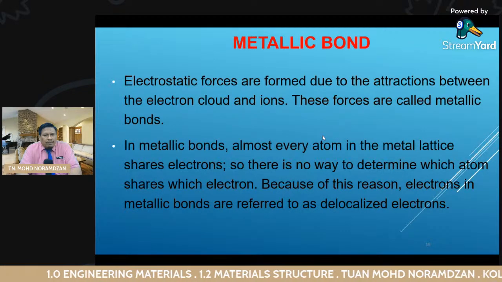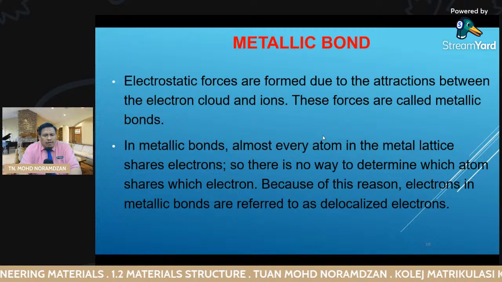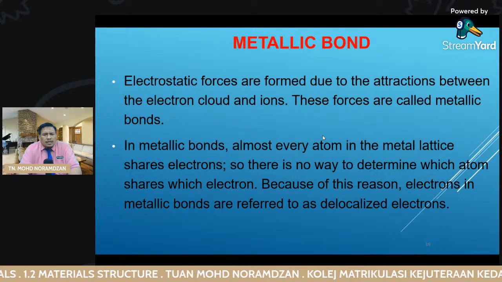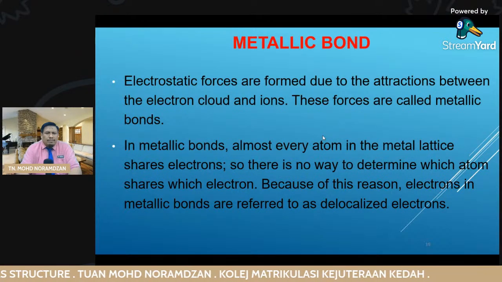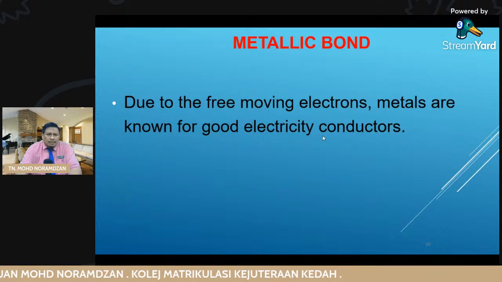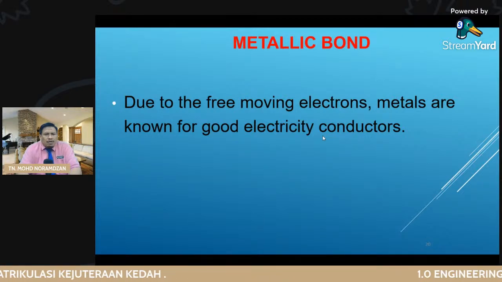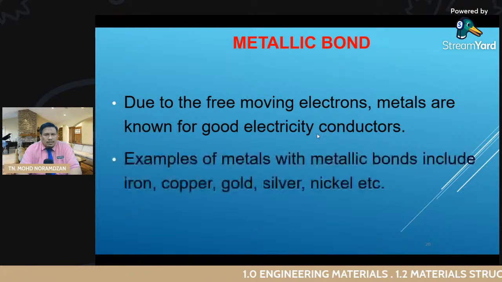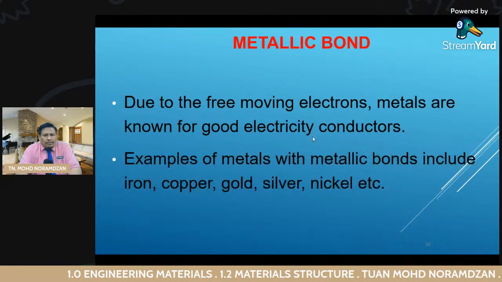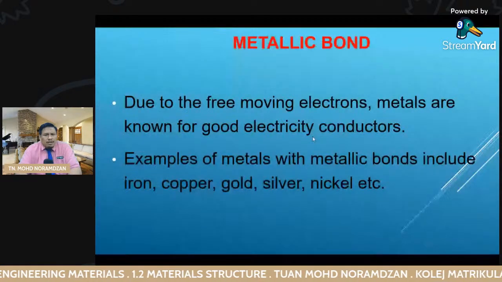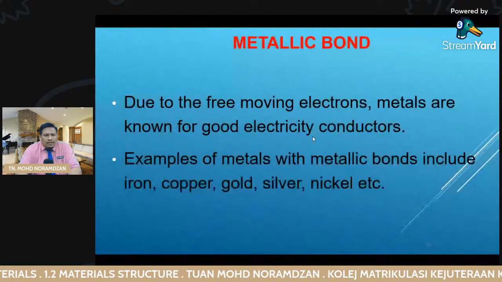Because of this, electrons in metallic bonds are referred to as delocalized electrons. Due to the free moving electrons, metals are known as good electricity conductors. Examples of metals with metallic bond include iron, copper, gold, silver, and nickel.